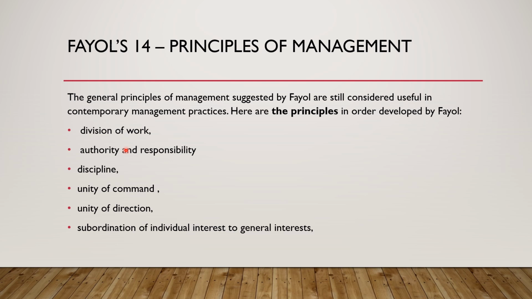It is not proper to make a person responsible for any work in the absence of authority. Let's say the result of authority is responsibility. That is what Fayol said. It is the natural result of authority and essentially another aspect of authority. And whenever authority is used, responsibility is automatically born.